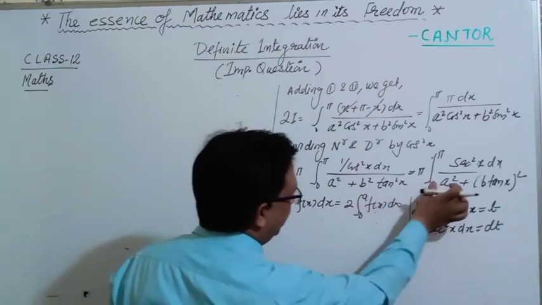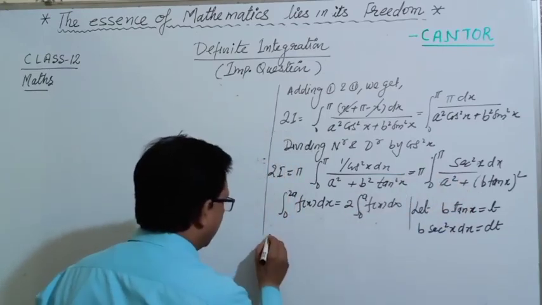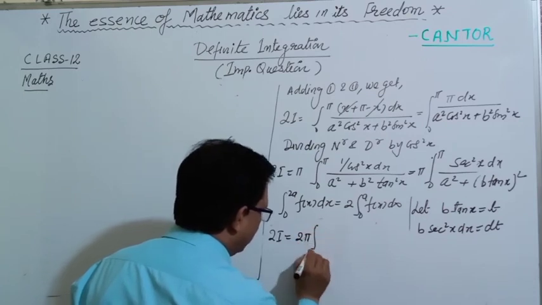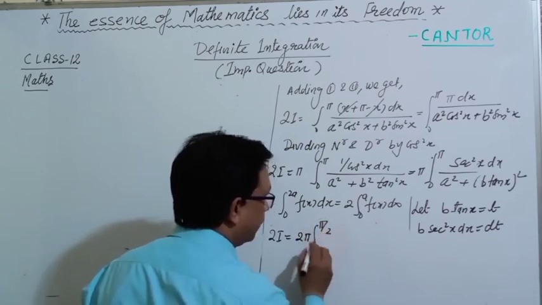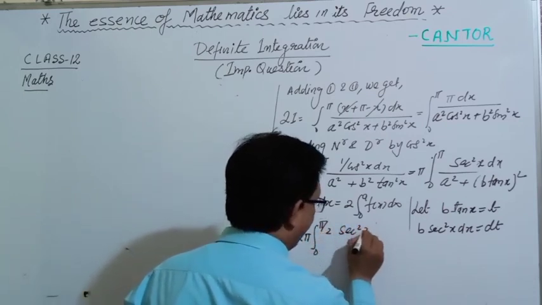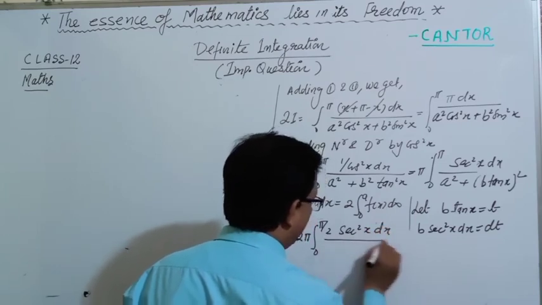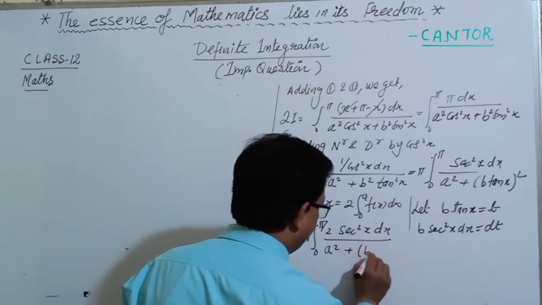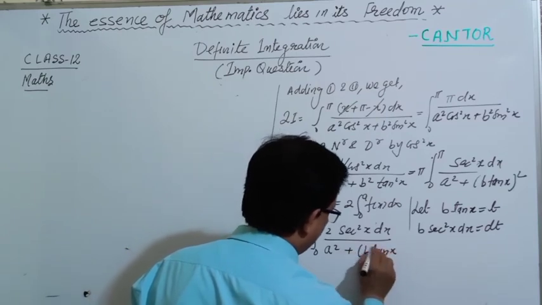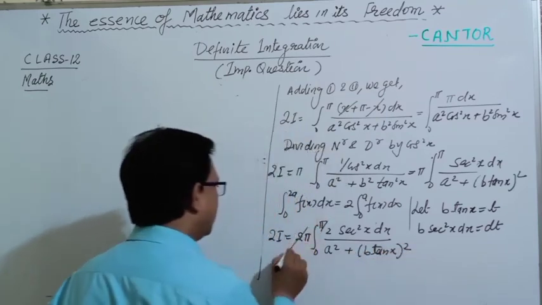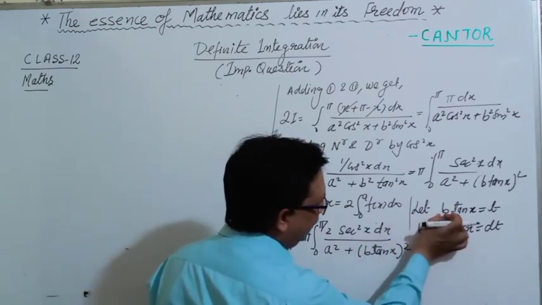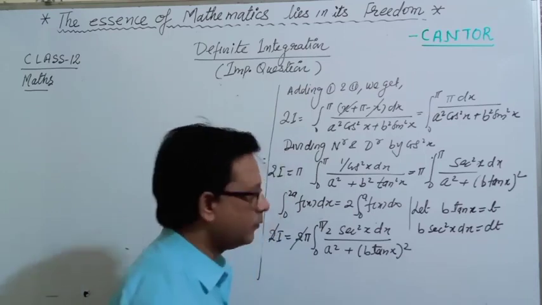Now student, we apply the property here. So this becomes 2I is equal to 2 pi times the integral from 0 to pi by 2 of sec square x dx upon a square plus b tan x whole square. These two cancel out.